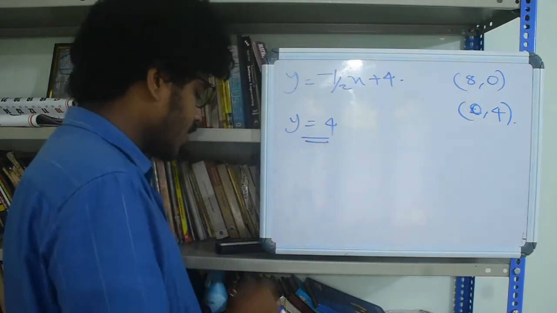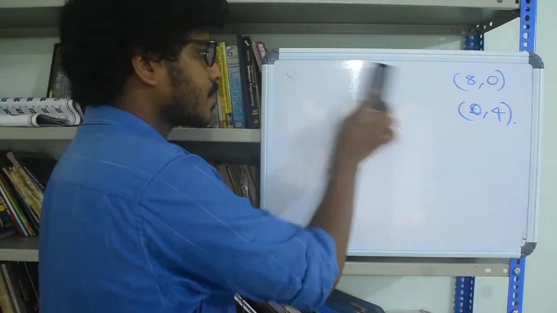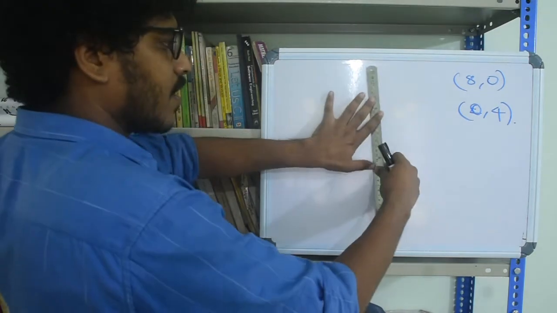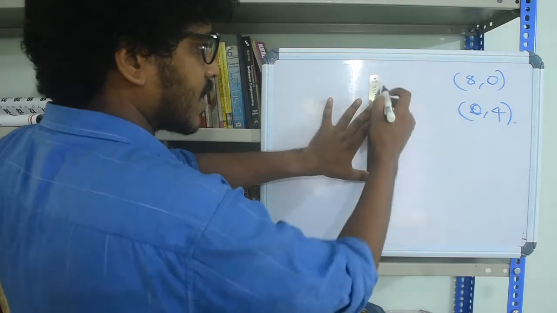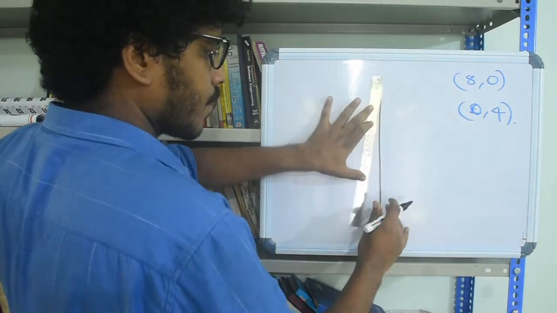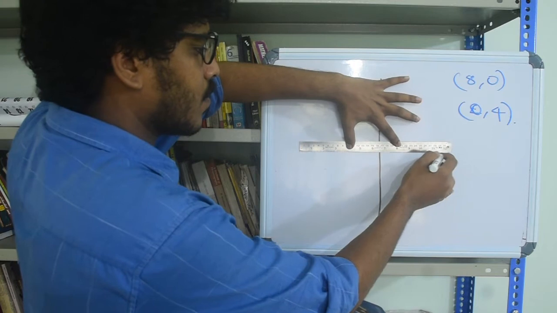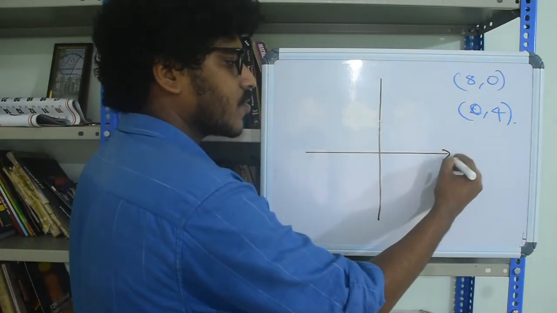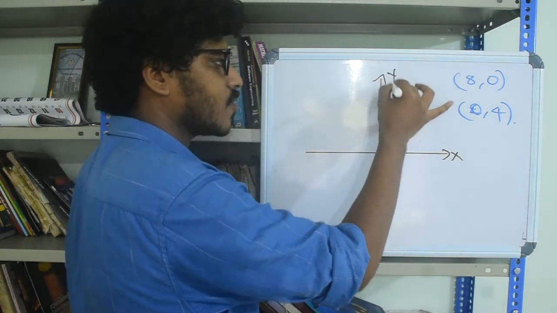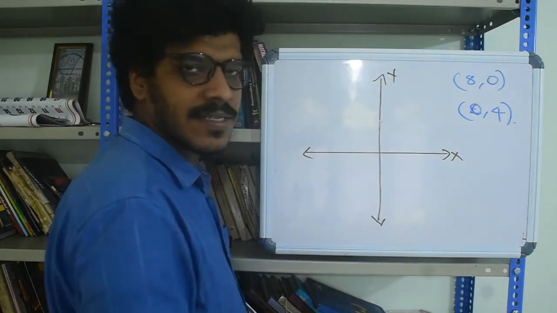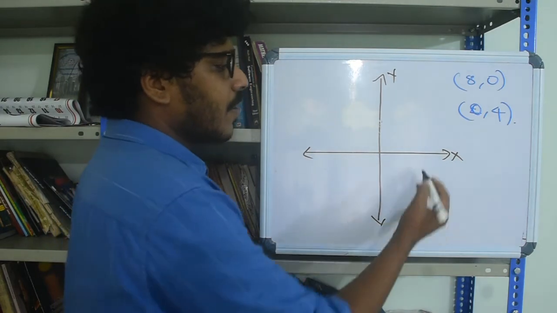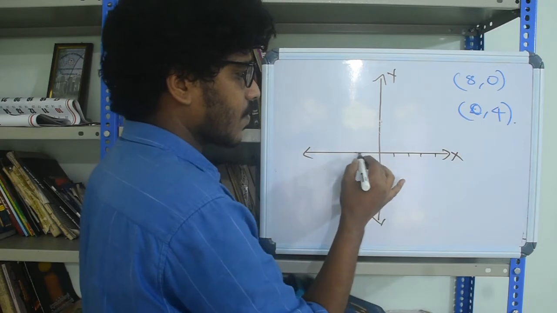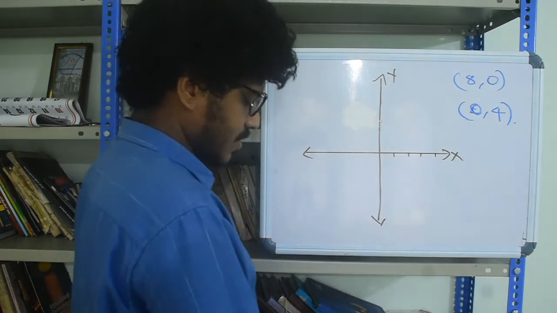Right. So now let's start graphing. Now we have 2 points, which is all we need to draw a straight line. So consider this to be our coordinate axes. Choose this to be the x-axis, this the y-axis, and the negative directions on the other side. Now let me graduate this. Oh, we need more than this.